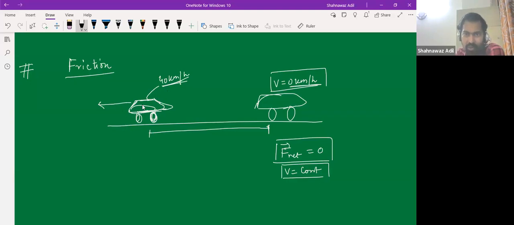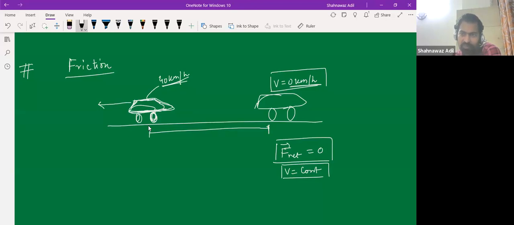That opposing force is called friction. Whenever an object is in contact with some surface, there would be friction, which will oppose the motion of that object.